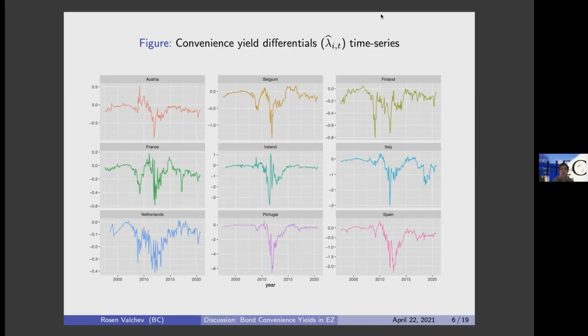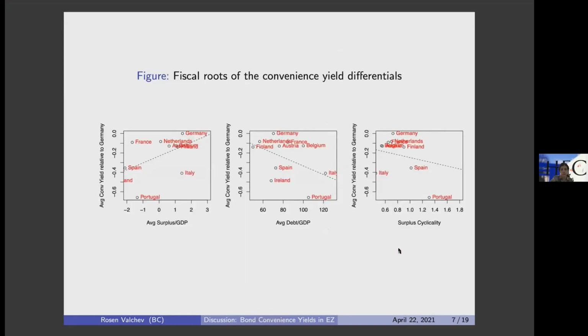So what this graph is telling you is that the convenience or liquidity value of Spanish bonds is much lower than German bonds, okay? And it's also volatile. Another interesting result that they find is this cross-sectional correlation with fiscal conditions. You can look at the average surplus, average debt, surplus cyclicality, but the point is that governments that seem to be in weaker fiscal positions also have convenience yields that are lower than Germany.